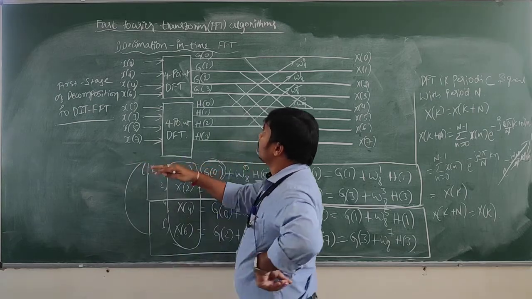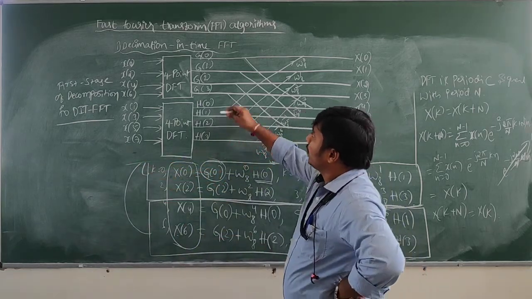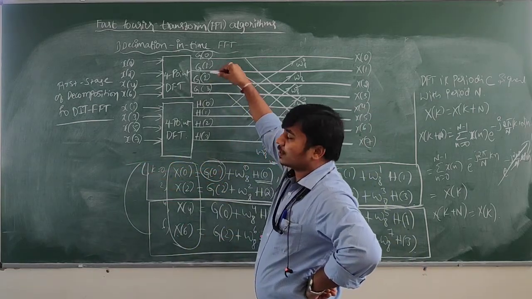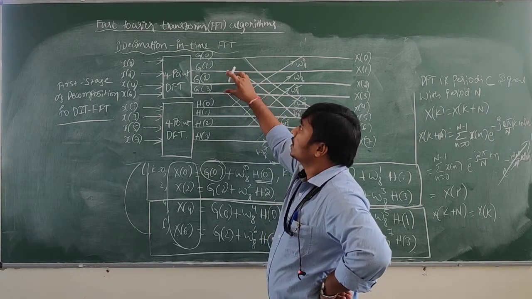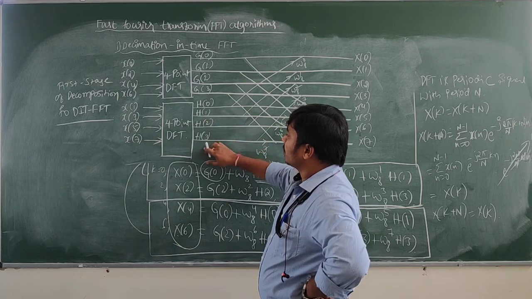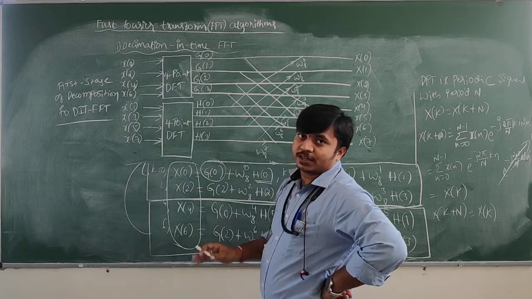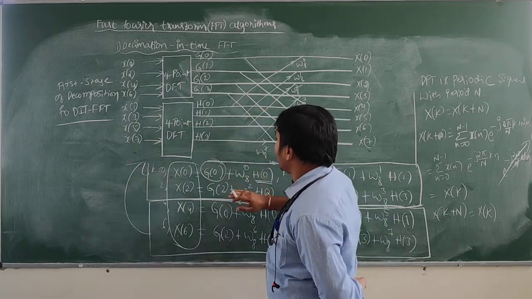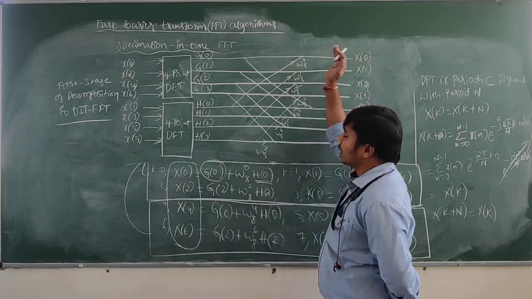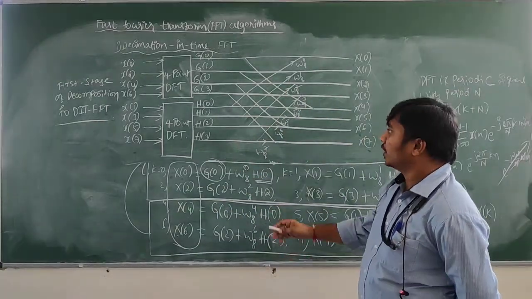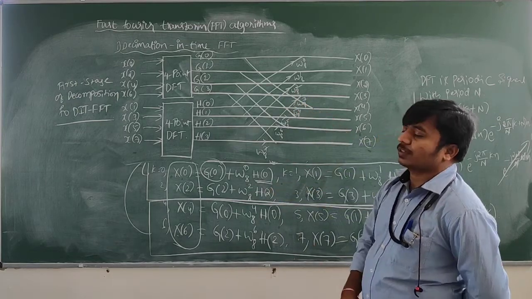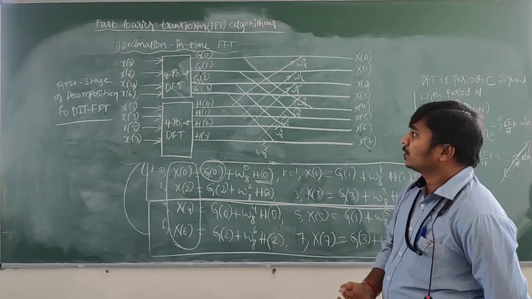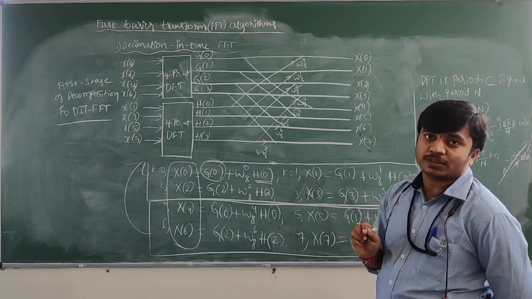So g of 0 to g of 3 represents the even sequence, and h of 0 to h of 3 represents the odd sequence. Now we have equations for these outputs x of 0 to x of 7. According to these equations we have drawn this structure. So this is the first stage of decomposition.